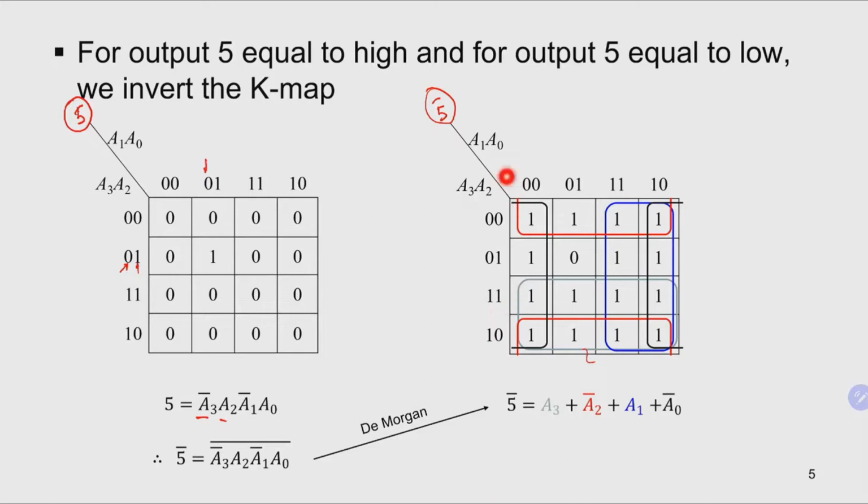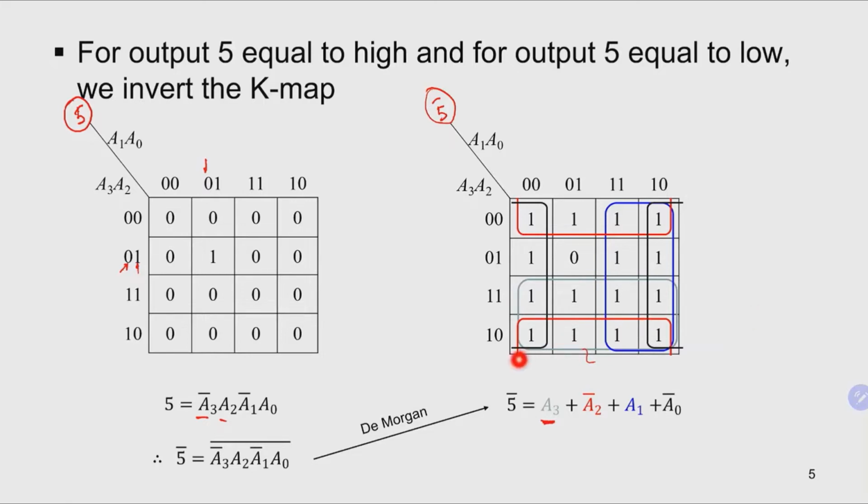Then going across from the top, we have the loop going around from left to right, which means that A1 and A0 both change within that loop. Therefore, this gives us an A3, which is this here.